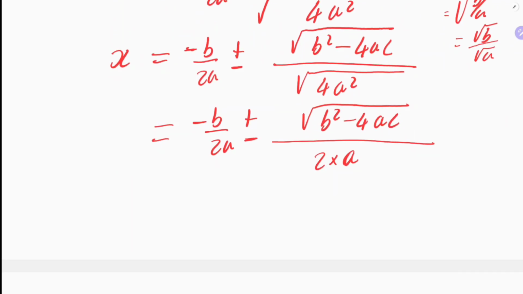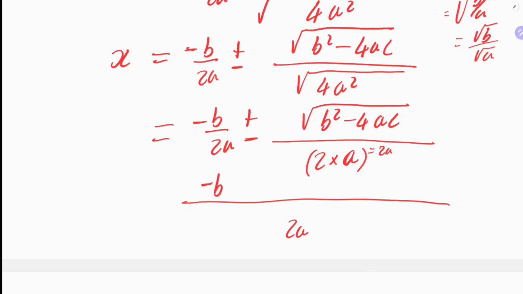So from here I can again draw an LCM, and this time I'm going to take 2a, because this is simply equal to 2a. So I'll take 2a as our common denominator. Here 2a divided by 2a, 1 times negative b is negative b, plus or minus 2a divided by 2a is 1, 1 times this gives us the square root of b squared minus 4ac.